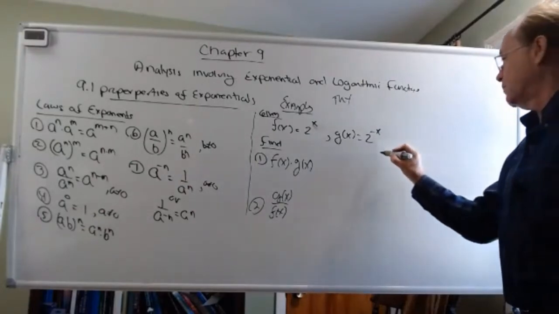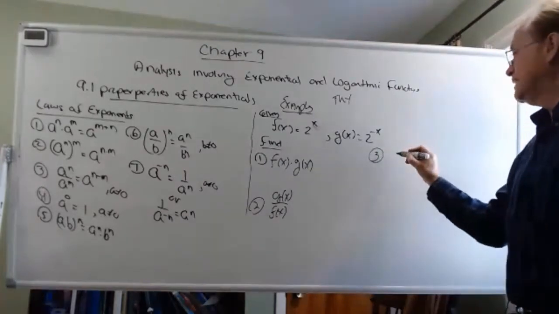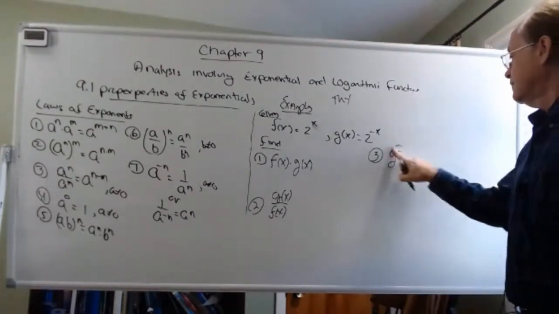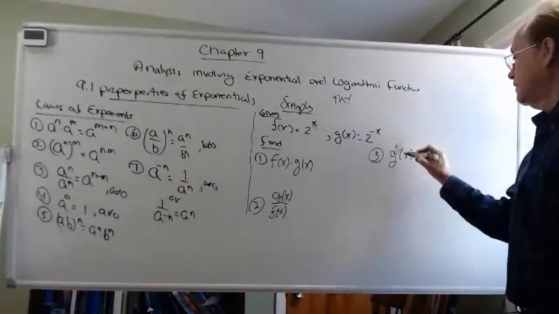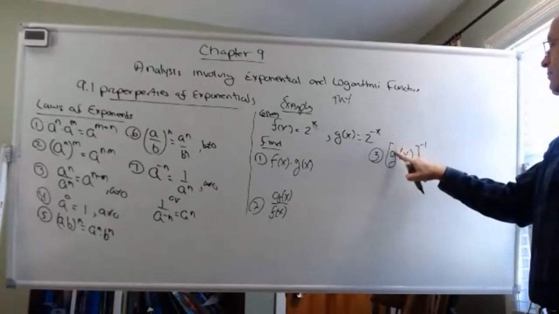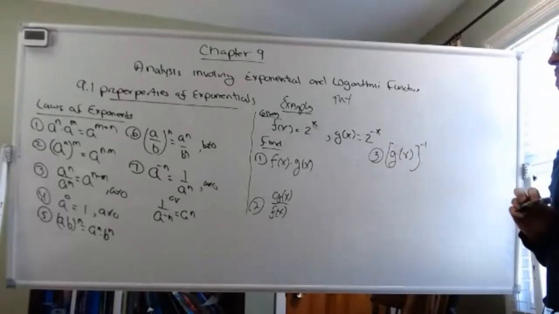And try the following: g of x reciprocal. I'm going to write it that way instead of as an inverse function. I don't want to confuse you there.